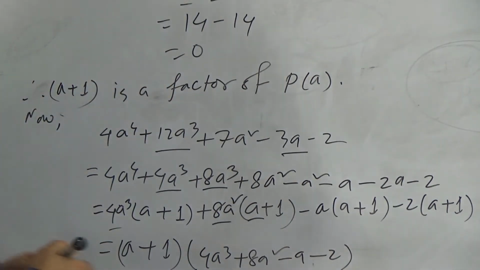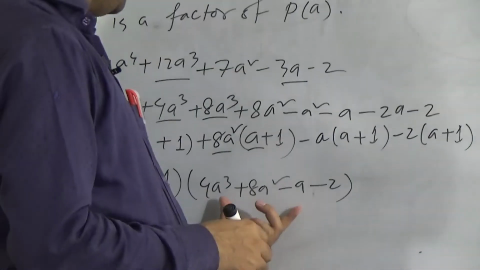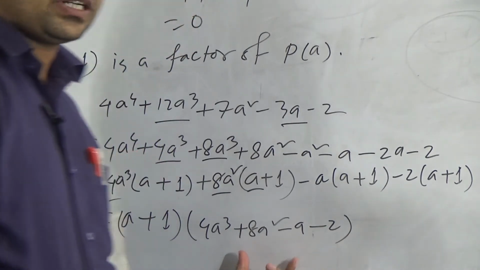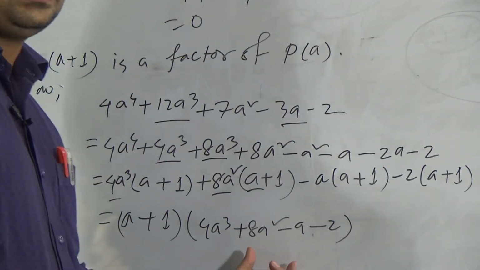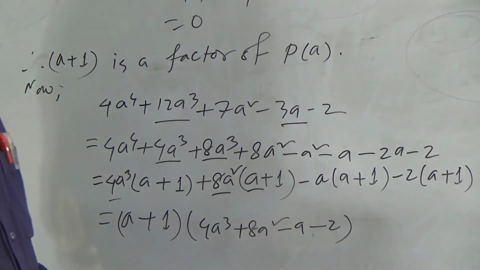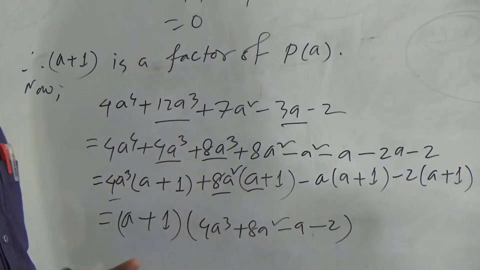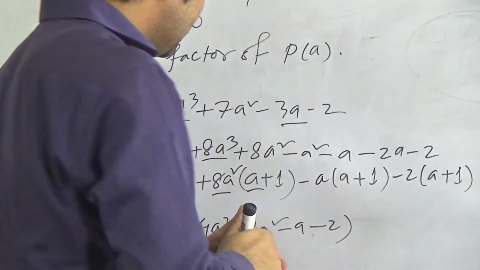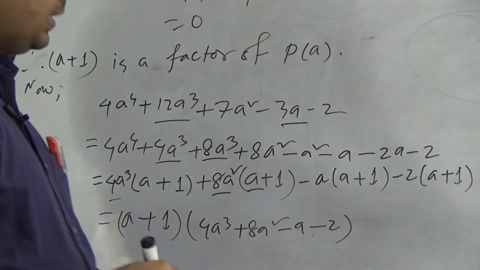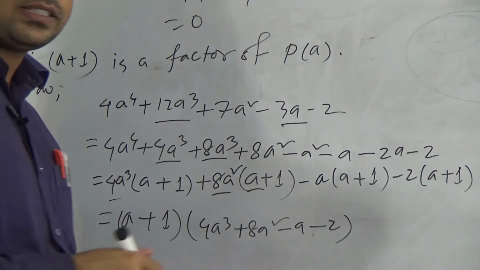Okay, dear students. So now here is also another expression. We have to factorize this expression again, and for this expression we have to apply the remainder theorem again. So to apply the remainder theorem, we need to consider this as the polynomial.